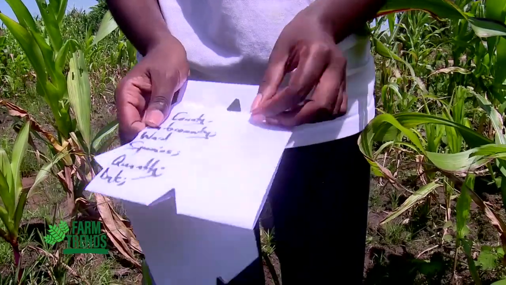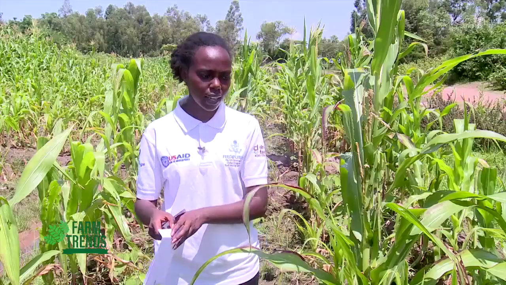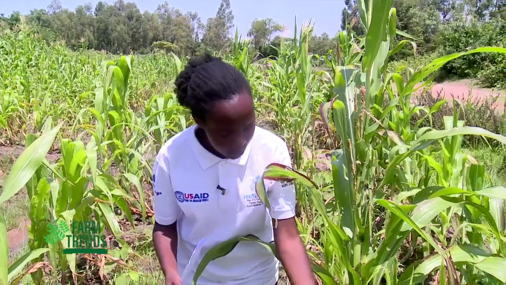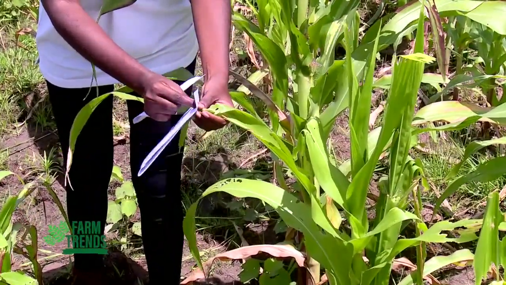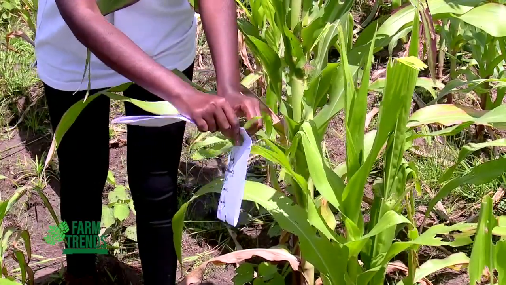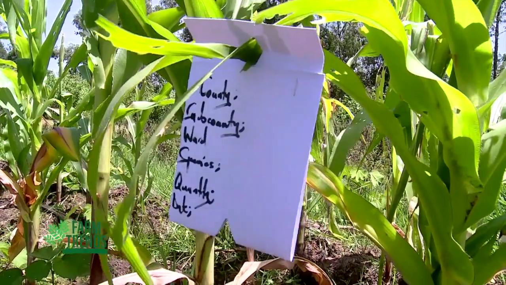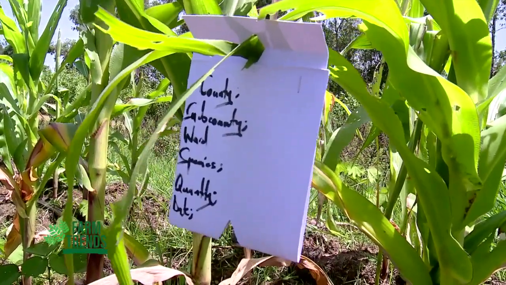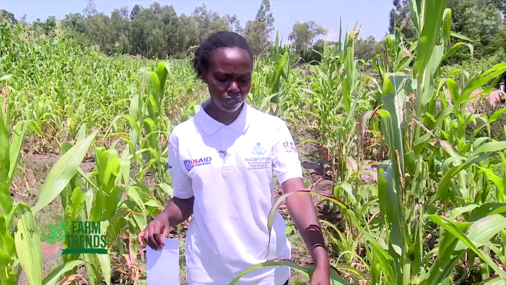Once we come to a field like this, we will just find a maize crop like this one over here, and then we can put the leaf in. Usually we release about 2 cards per quarter acre. So this is the first one, and the second one can be placed at a position far away from this one, at some distance, so that when they disperse they can be evenly distributed.